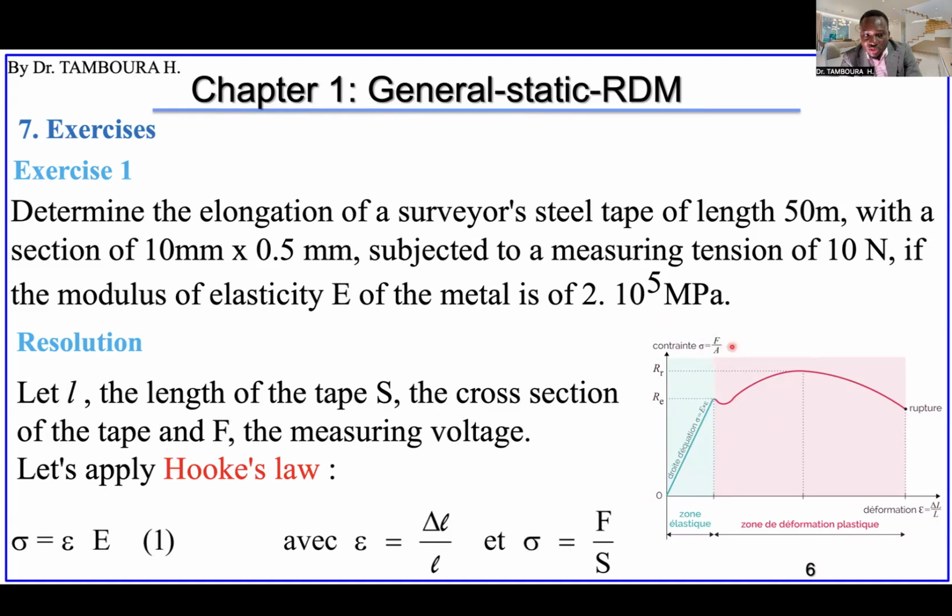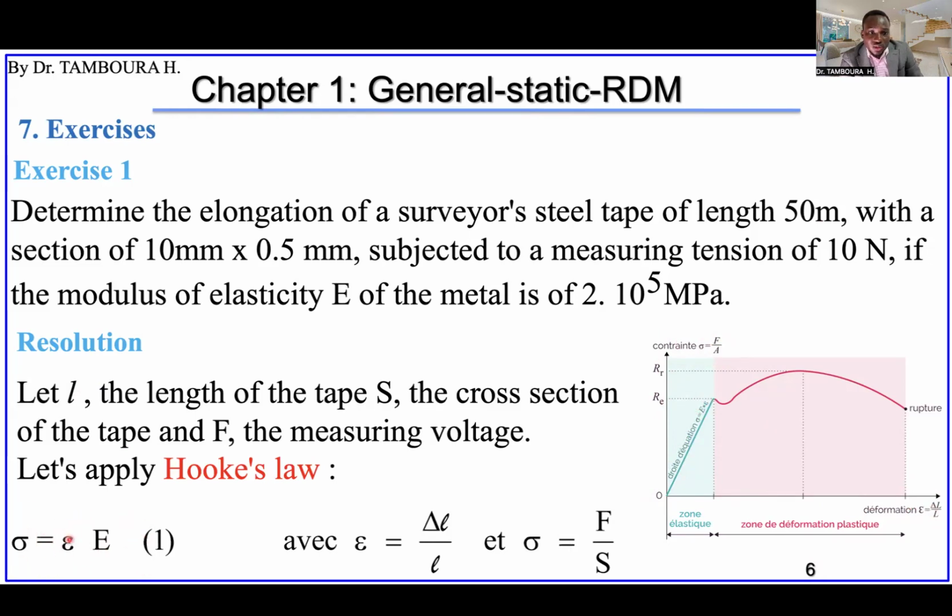A is for the section. So the relationship between stress and strain in this elastic zone is what we have here. Stress can be obtained from Young modulus and strain. This is the formula here.